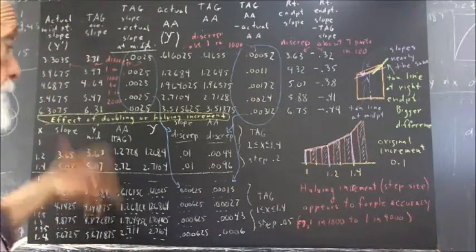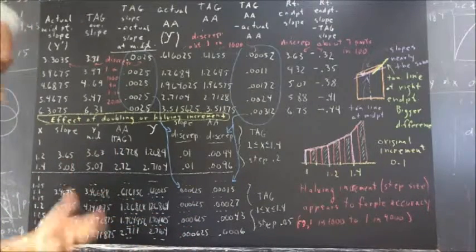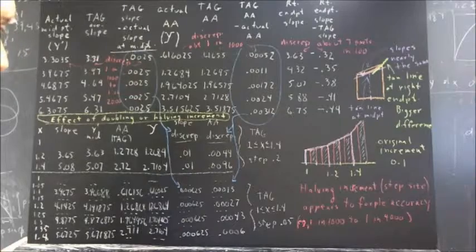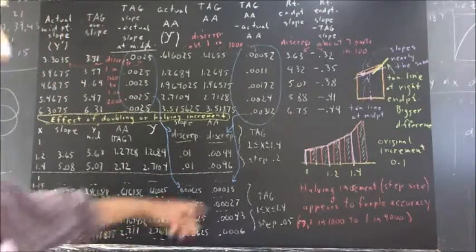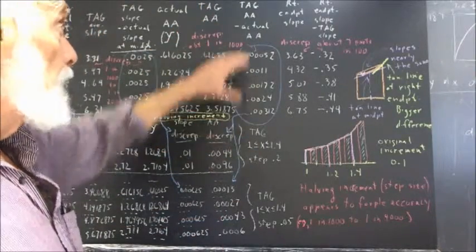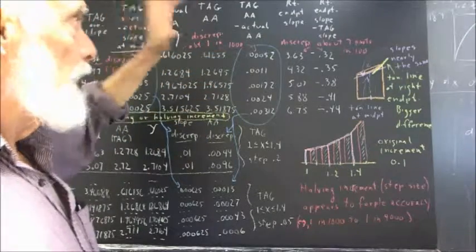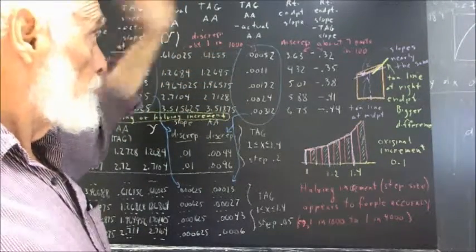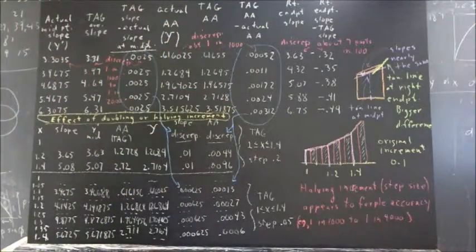Between here and here we halve the increment again, and we get another reciprocal fourpling. We get 4 times the accuracy. Now, it appears that we get a little better than 4 times the accuracy each time we cut the increment in half, as we're estimating the accumulated areas, the area under the curve.